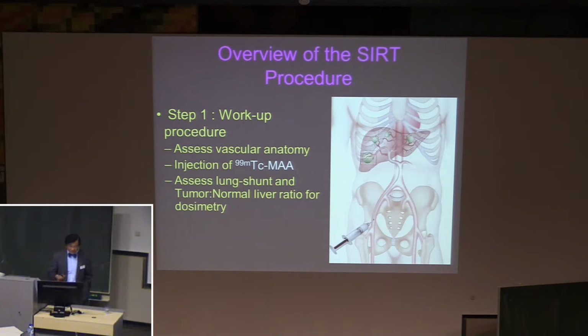The procedure involves a few steps for those of you who are not familiar. It requires a workup procedure where we assess the vascular anatomy, and we actually inject technetium MAA into the hepatic artery to look for lung shunt and tumor to normal liver ratio for dosimetry.